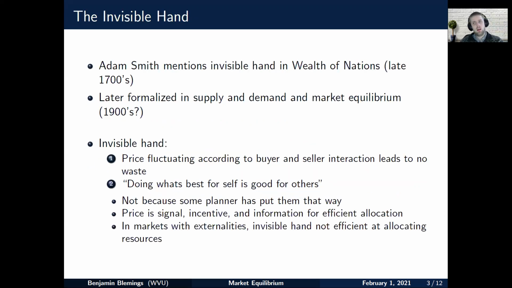All right, so you've probably heard of this concept before, the invisible hand. It's mentioned by Adam Smith in the late 1700s in The Wealth of Nations, and it's later formalized in the supply and demand and market equilibrium in the late 1800s, early 1900s. What the invisible hand is, it's allowing the price of a good to fluctuate according to buyer and seller interaction, which eventually will lead to markets allocating goods efficiently.